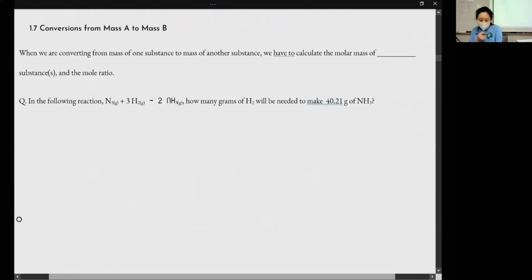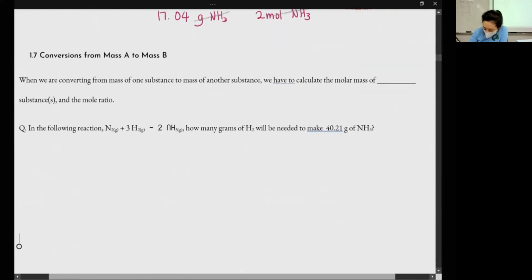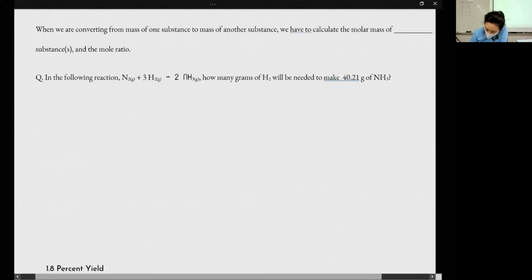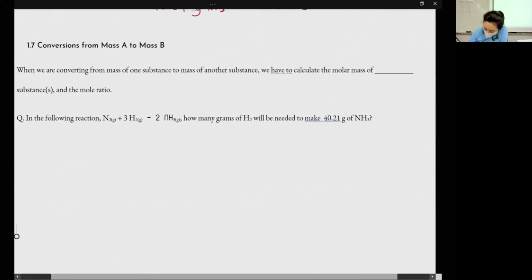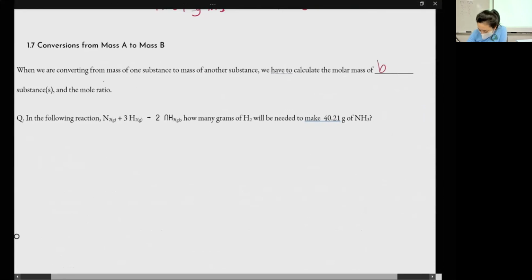So when we're converting from mass of one substance to mass of another substance, we have to calculate the molar mass of both substances and the mole ratio.